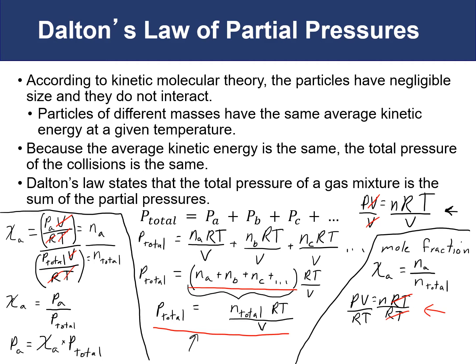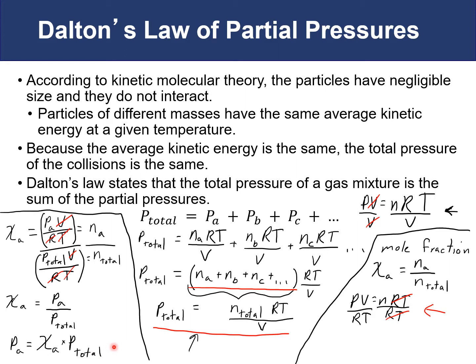So what this is saying is that the pressure that comes from our A component is equal to the fraction of the moles that are the A component out of the total number of moles, times our total pressure. So our chi A here is the number of moles of A divided by the number of moles total. This is essentially like the percent of our atoms or molecules in the gas phase compared to the total number.